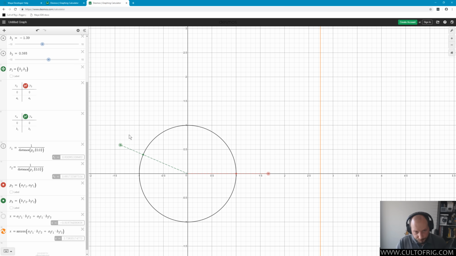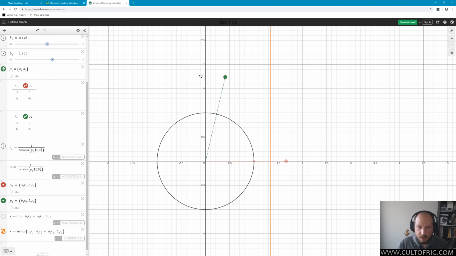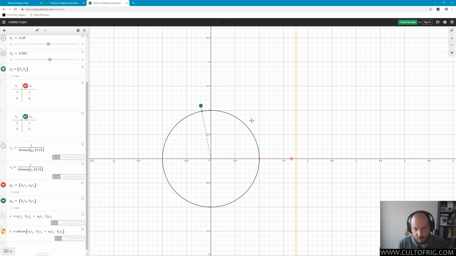So the dot product can tell us if this vector is going in the same direction as that, or if it's going in the opposite direction. That one works. And that's how we get more than 90 degrees, right?